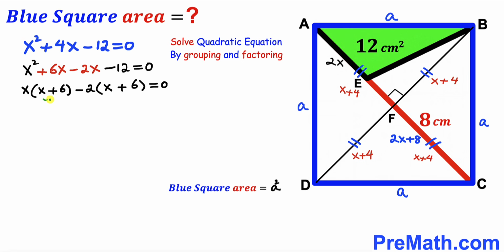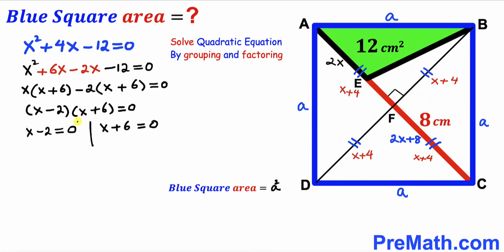Now we can see x plus 6 is in common. So we could write x minus 2 times x plus 6 equal to 0. Now I'm going to separate these two factors. I could write x minus 2 equal to 0, and the other one is x plus 6 equal to 0.